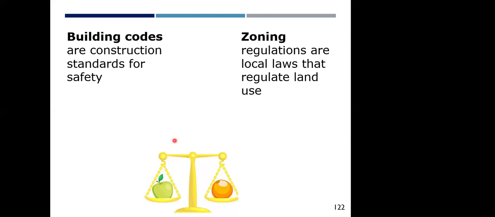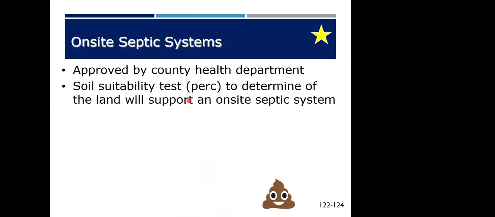Another thing dealing with public land use controls: on-site septic systems. It's got to go somewhere, you guys. If the property is not connected to public sewer, then it's more than likely on an on-site septic system.